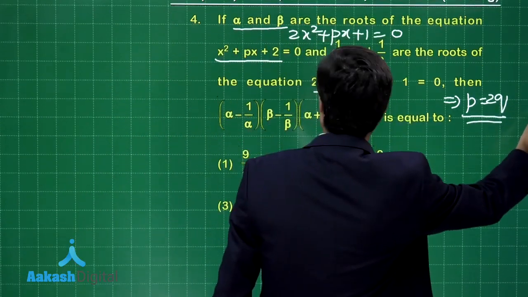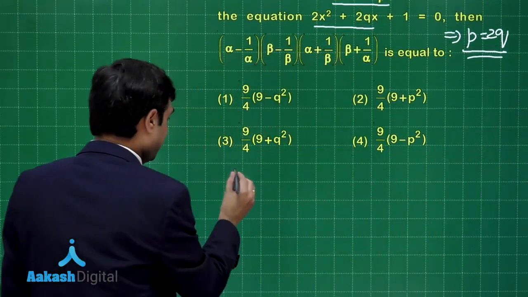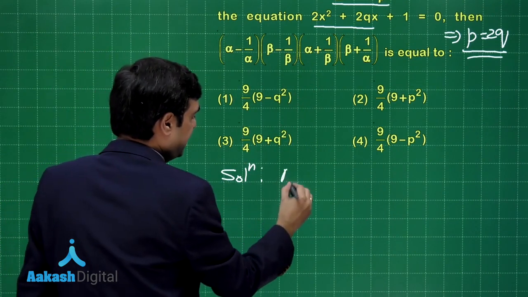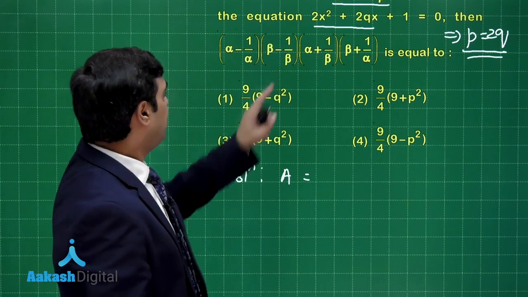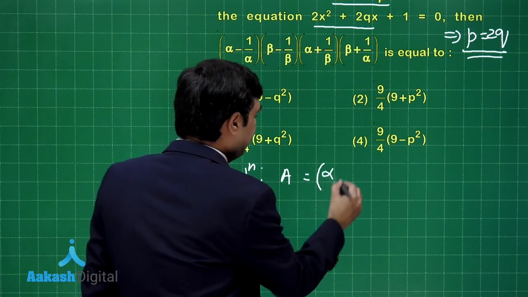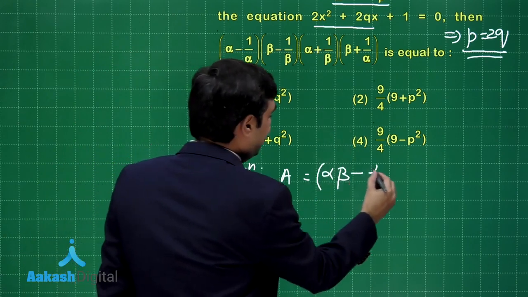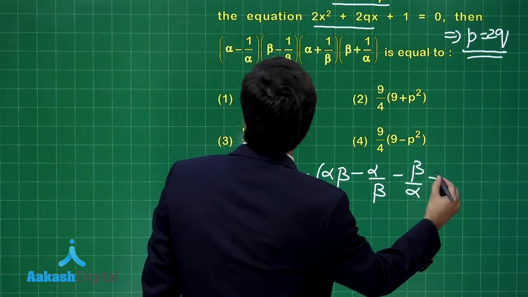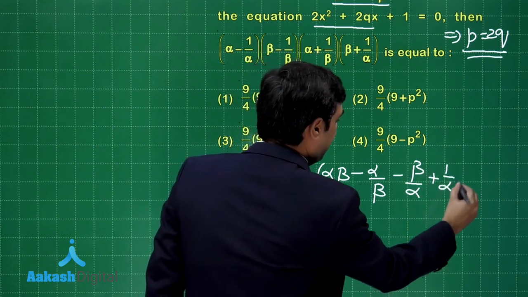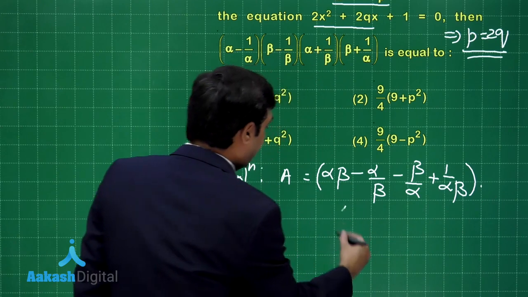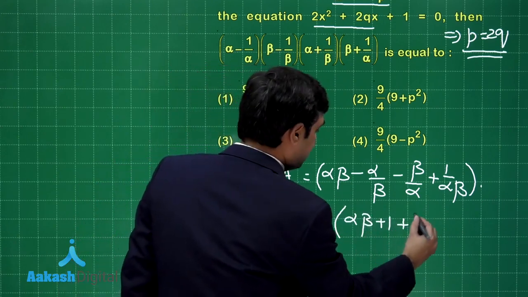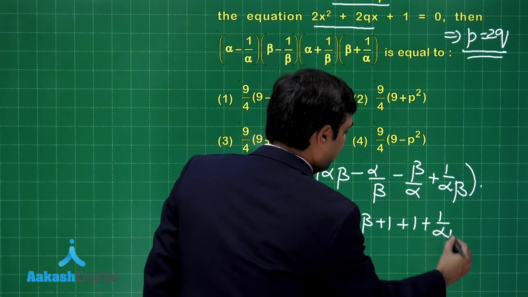Now moving forward, we have to simplify this expression. Let's say this expression is A. So when you multiply, what you will be getting? Alpha beta minus alpha by beta minus beta by alpha plus 1 by alpha beta, multiplied with alpha beta plus 1 plus 1 plus 1 by alpha beta.